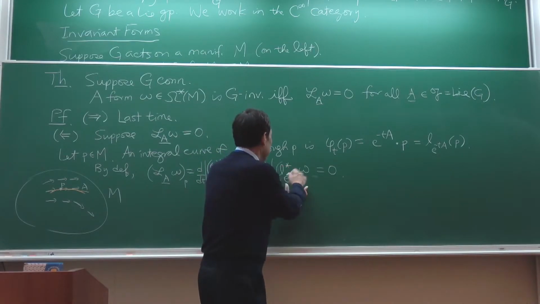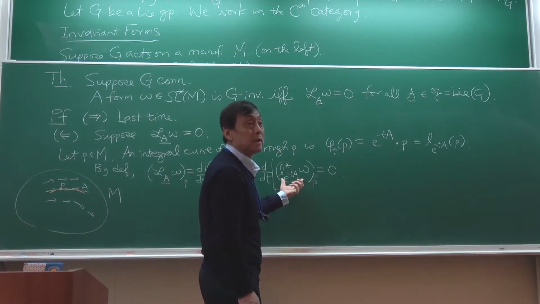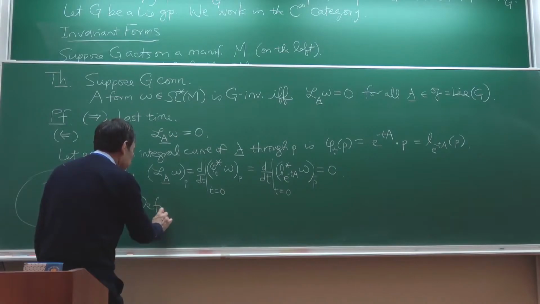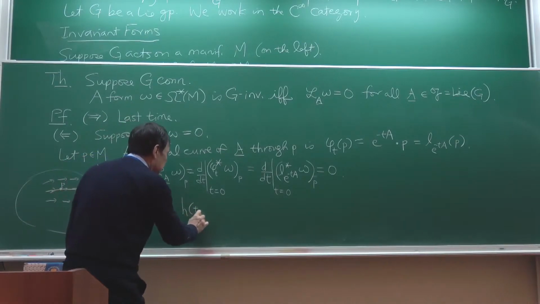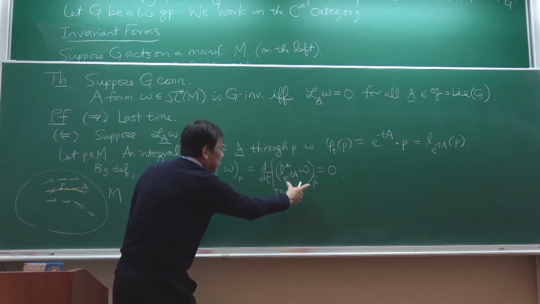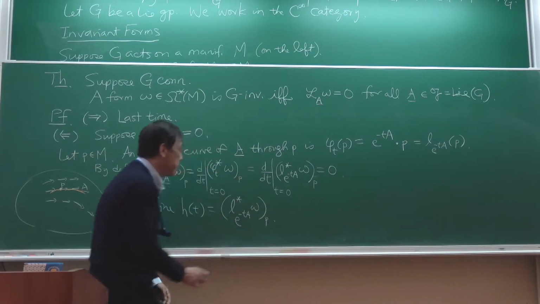Oh, sorry, this is at P. We'd like to show that for all t, this is constant, omega. Okay? So let's define h of t to be this expression at P.